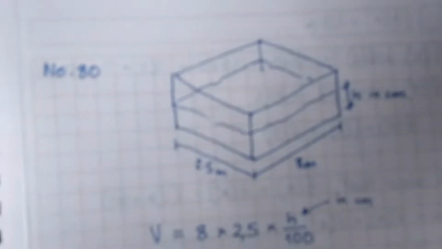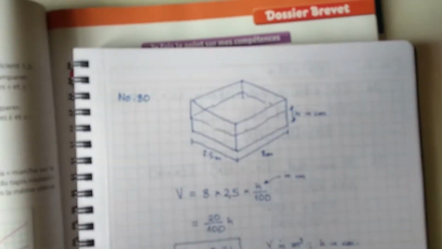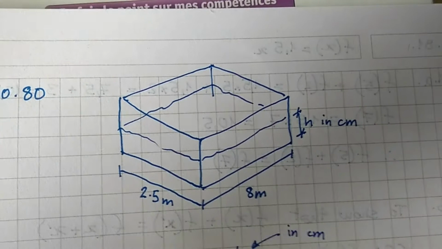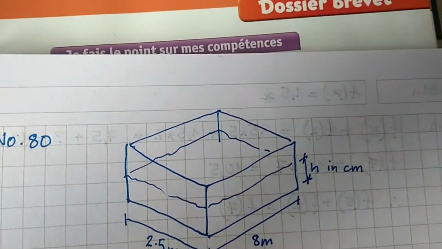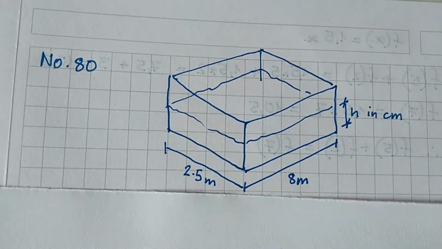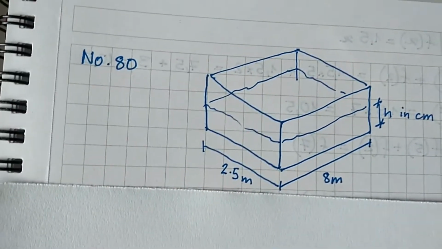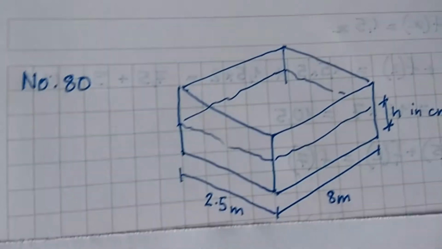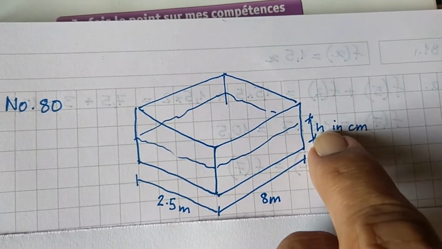So let's solve this, and I've done this here. So here we go. This is the pool, and really we aren't concerned with the height of the pool as such, which was 1.8 meters. We are only concerned with the height, as we say, h.